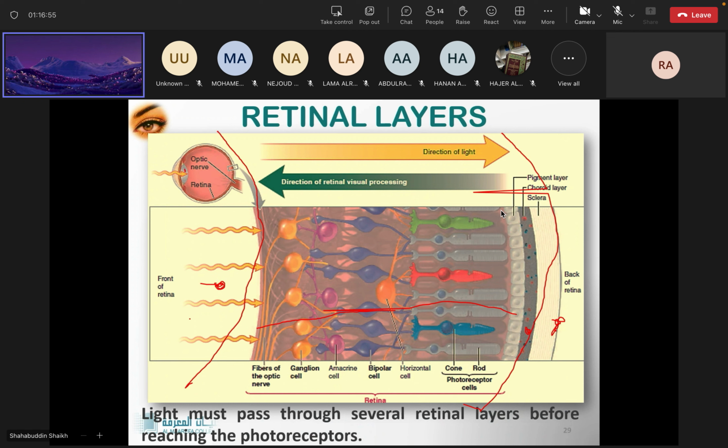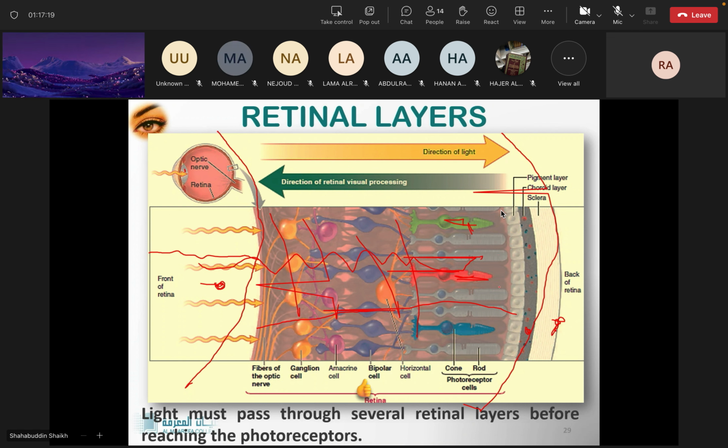So what happens is light travels through the lens and jelly. It comes through many layers of retina, and the outermost layer of retina has the receptors. So our light has to travel through all these layers of retina to reach the receptors, rods and cones. Clear? Any confusion here?